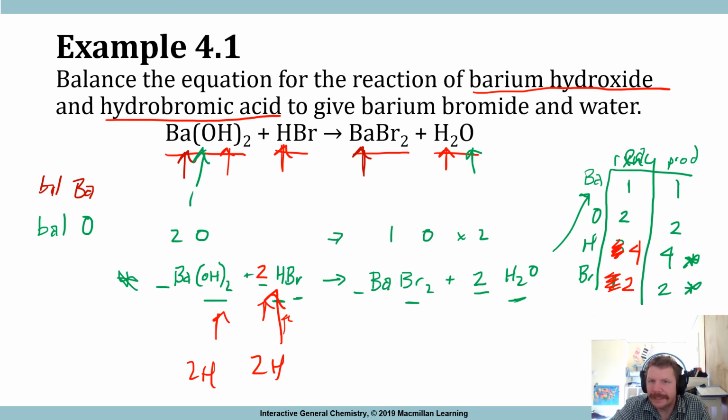And lo and behold, since I didn't impact my barium or my oxygen, and I balanced my bromine, I maybe unintentionally balanced my hydrogen. So those are all balanced. This is one method to balance a chemical reaction. Now, in the next example, I'm going to show you the way that I like to balance chemical reactions. I hope this is helpful.